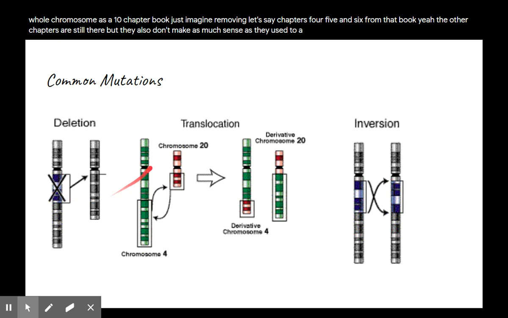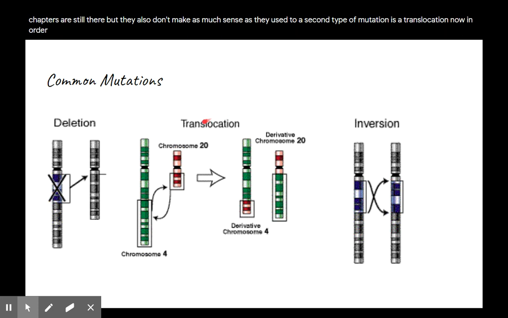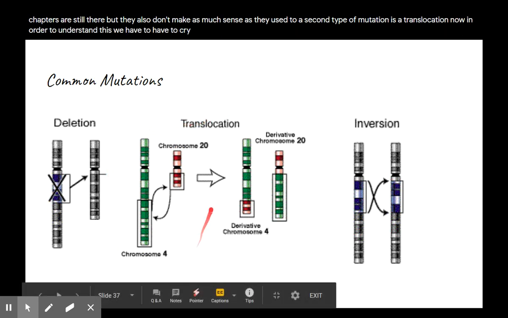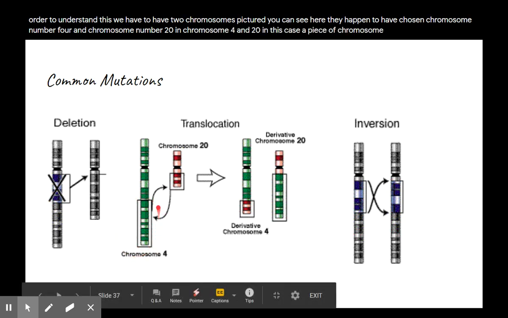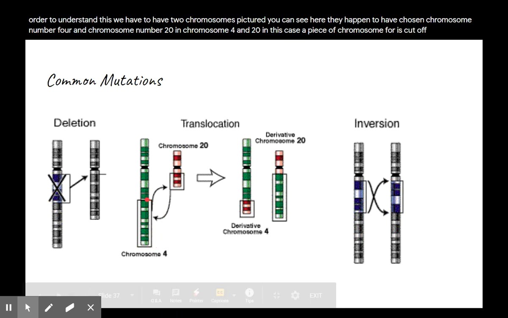A second type of mutation is a translocation. Now, in order to understand this, we have to have two chromosomes pictured. You can see here they happen to have chosen chromosome number 4 and chromosome number 20. In chromosome 4 and 20, in this case, a piece of chromosome 4 is cut off. A piece of chromosome 20 is also cut off.